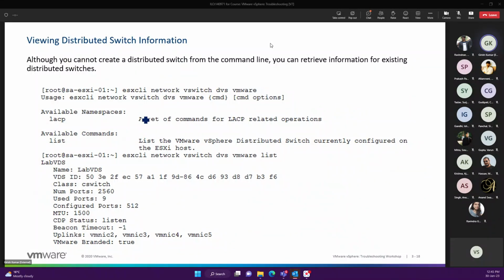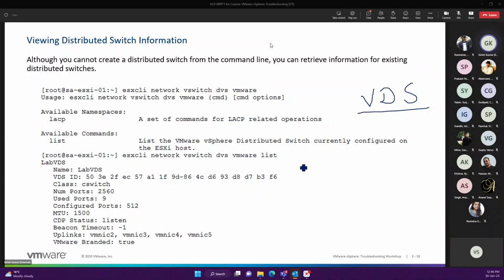Can a distributed switch be created by using SSH or not? If not, then what? So first of all, what is VDS? vSphere distributed switch.